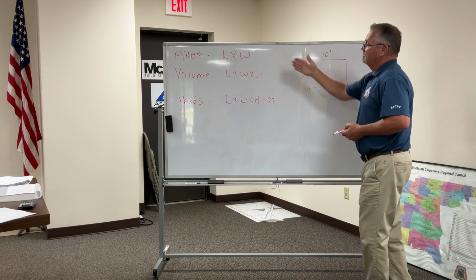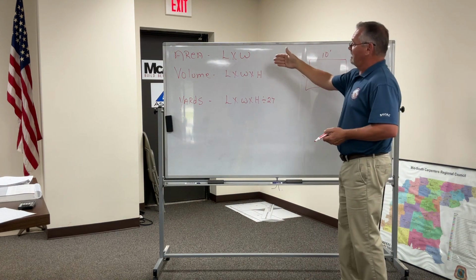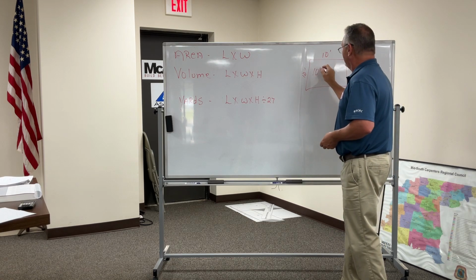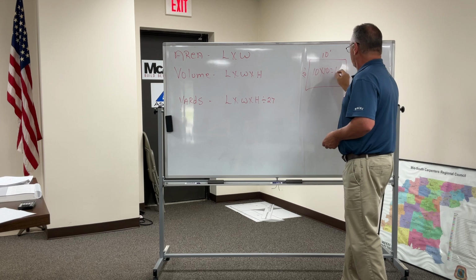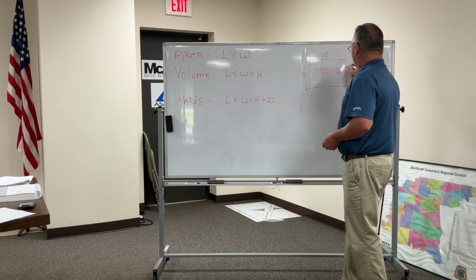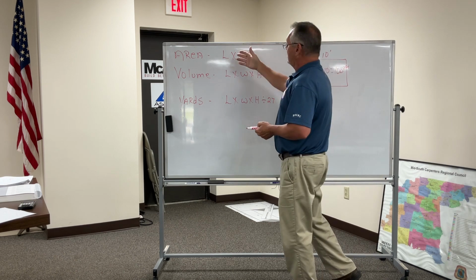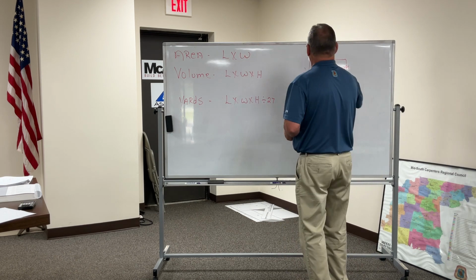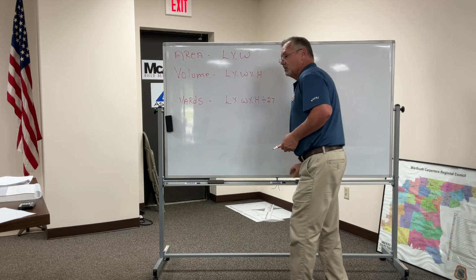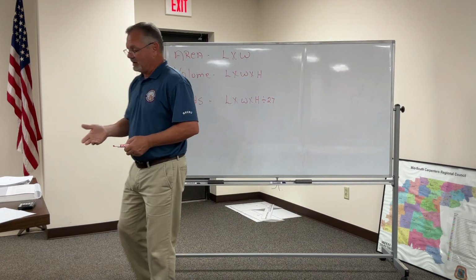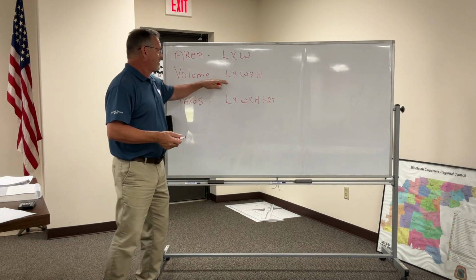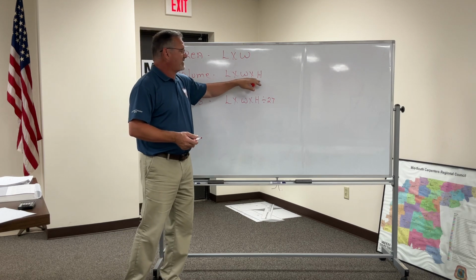Now that's real, because of the previous classes, that's really easy. It's length times the width. So 10 times 10 equals 100 square feet, right? So now that we've created the area, if we wanted to take the next step and go into creating the volume aspect of it, on the formula here, it's length times width times height.